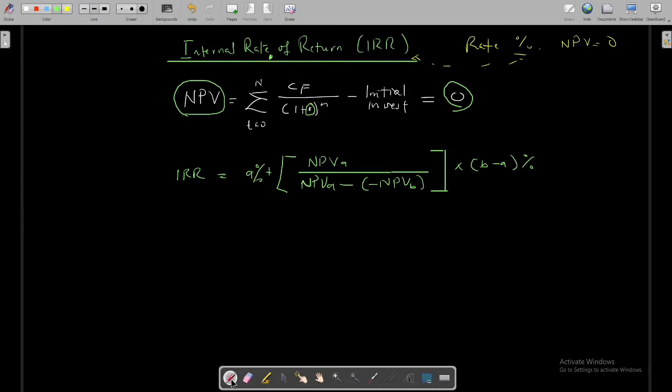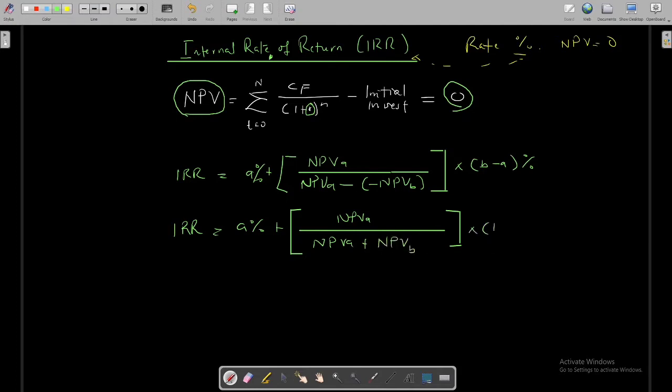Now the reason why I've stated this with a minus is that in some books you also see the internal rate of return written as A as a percentage plus, in brackets, the NPV of A over the NPV of A plus the NPV of B, times B minus A, bracket close, percentage.